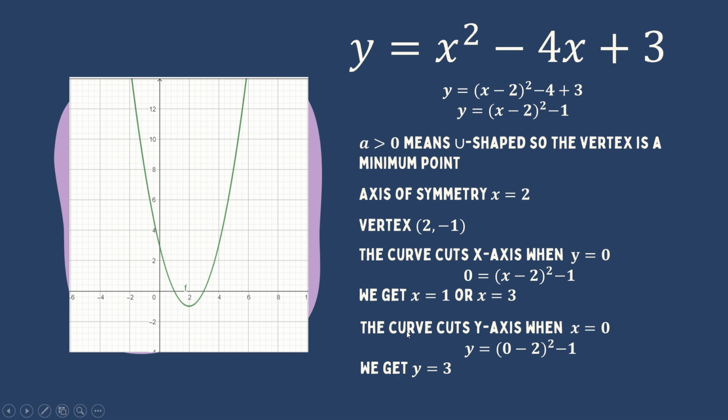And to find at what point the curve cuts the y-axis, we need to substitute x with 0. So we get y equals 0 minus 2 squared minus 1, and we get y equals 3. So we mark each point we got from this equation on a Cartesian diagram, and then we connect the dots and we get this graph.